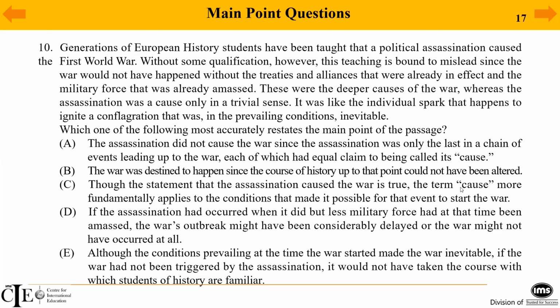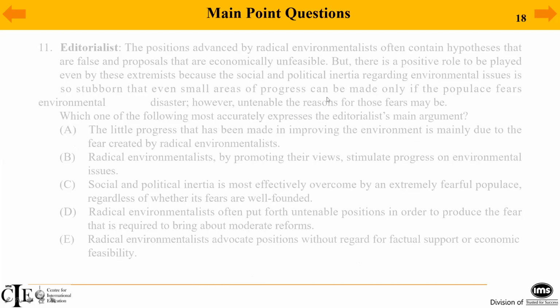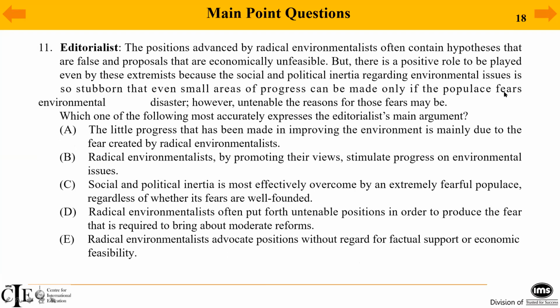It's hypothetical and purely conditional. So we have to summarize this argument. We don't have to hypothesize far-fetched things about this. Okay, so option C is stating the correct one. Question number 11. Again, main point.